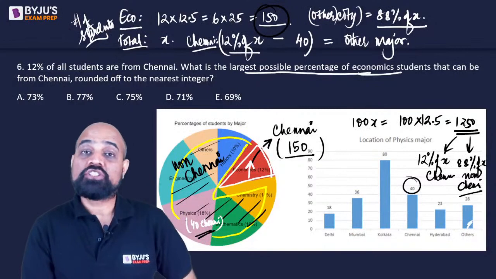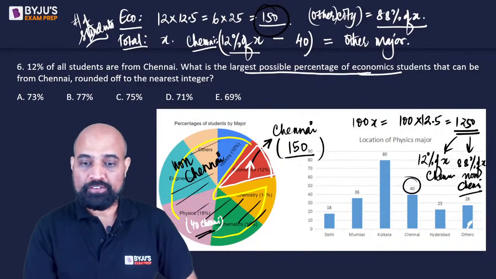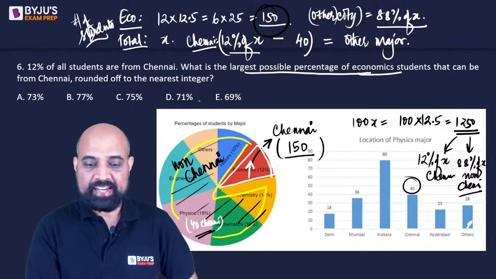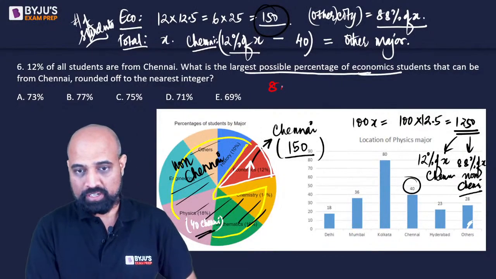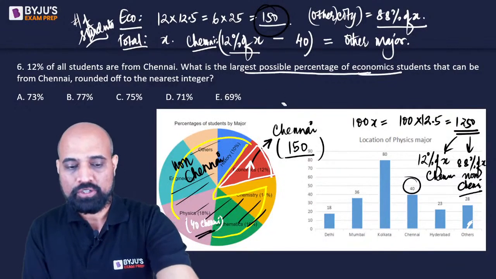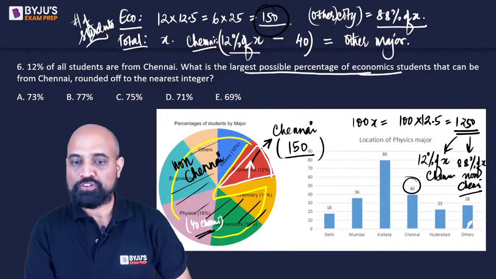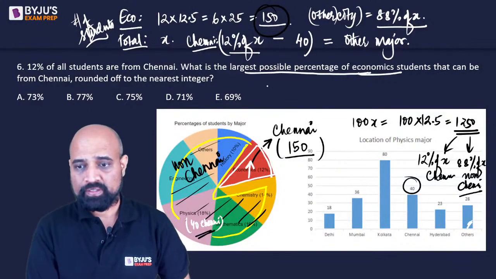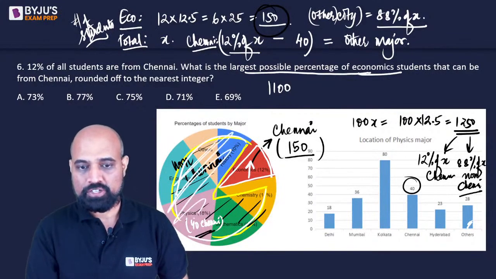So total non-Chennai students, how many are we going to have? Total students are going to be 1250 minus 150. How much is that? 1100. Can we say ये total 1100 students है हमारे पास इधर इस region में?